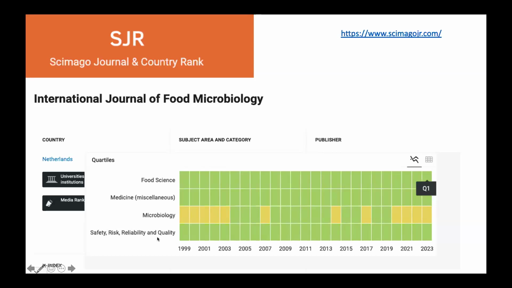So if your paper is more toward food science, it is categorized as Q1. If medicine, Q1. If microbiology, the yellow color means Q2. So this is how we search for a journal when we want to choose where to publish our work, our experiment, our result. So this is one of the examples.